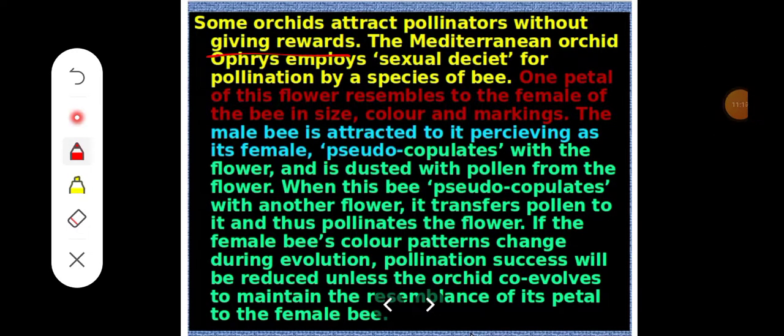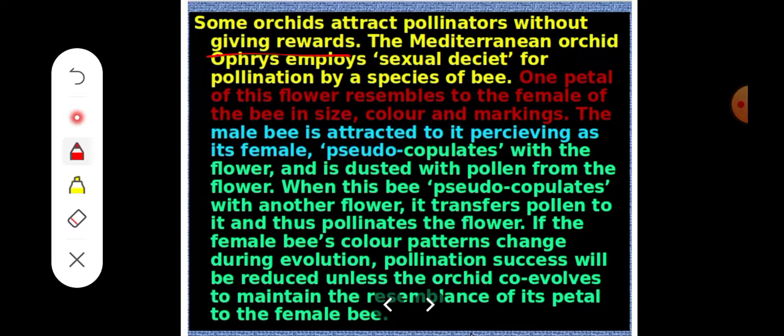So mostly orchids have a diversity of floral patterns which have evolved to attract the right pollinator insect for them, like bees and bumblebees, and ensure pollination by these insects. But not all orchids do this. Not all orchids will provide rewards for them. After their work is done, what will these plants do? They will not provide rewards.